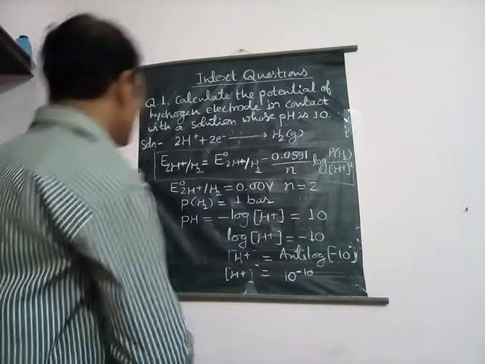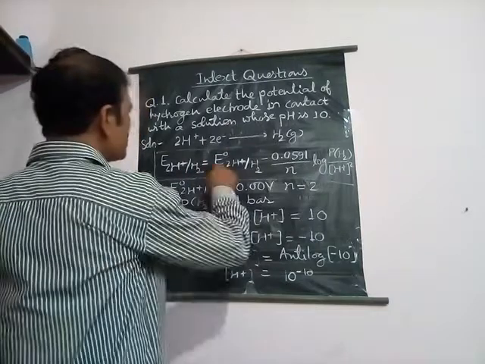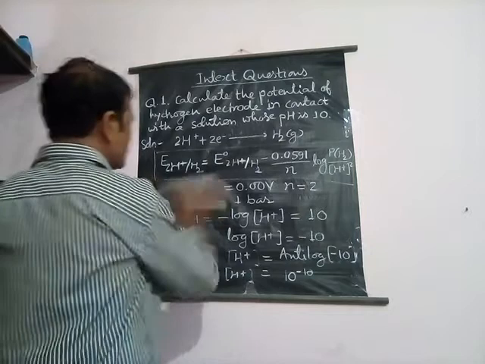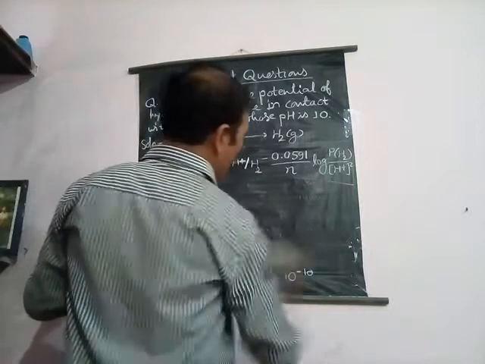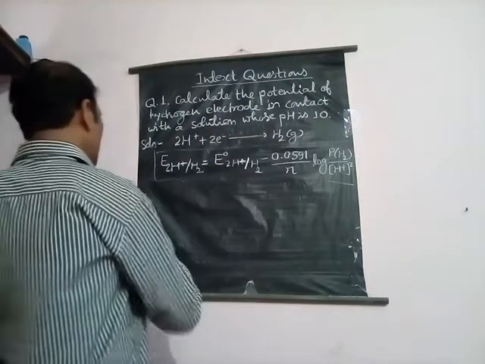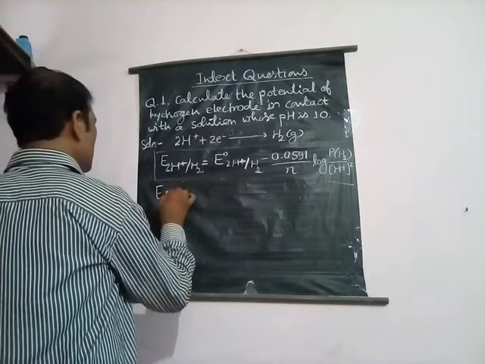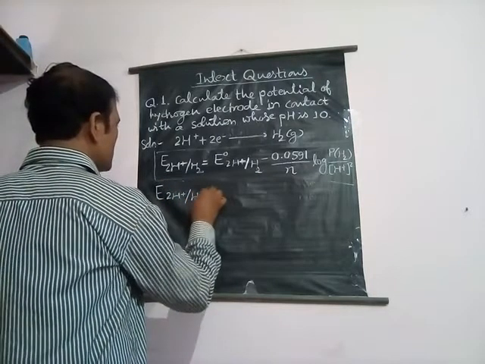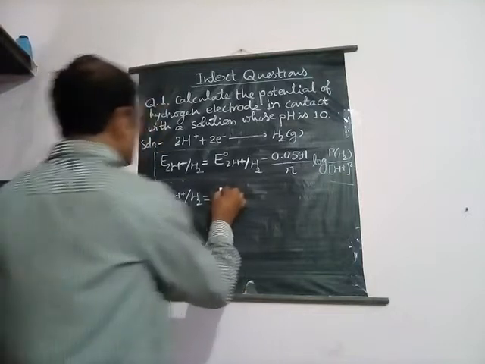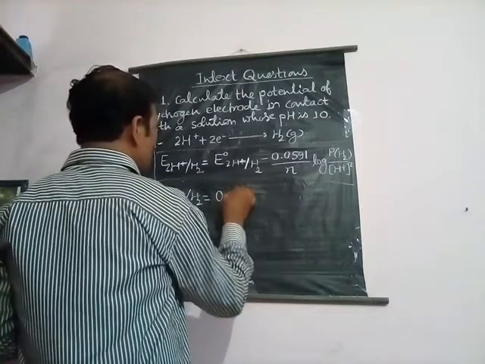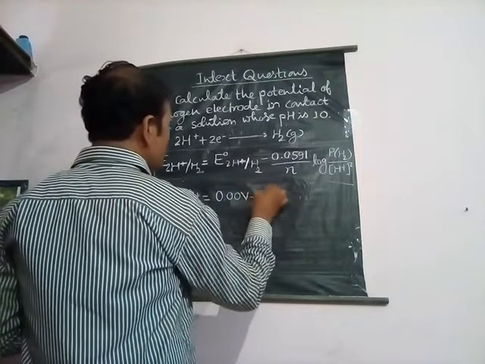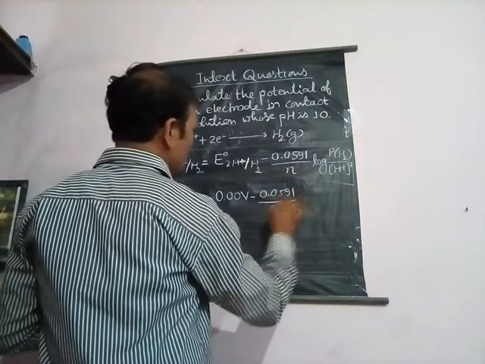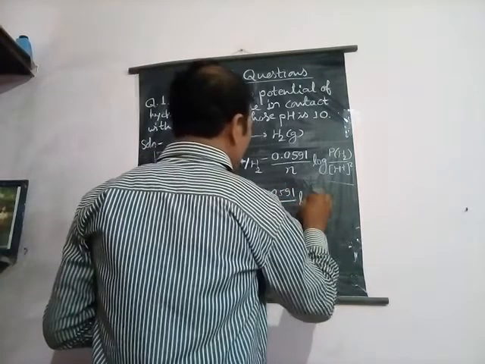On putting these values in this formula, what do we get? E of 2H positive upon H2 will be equal to 0.00 volt minus 0.0591 upon 2 log.